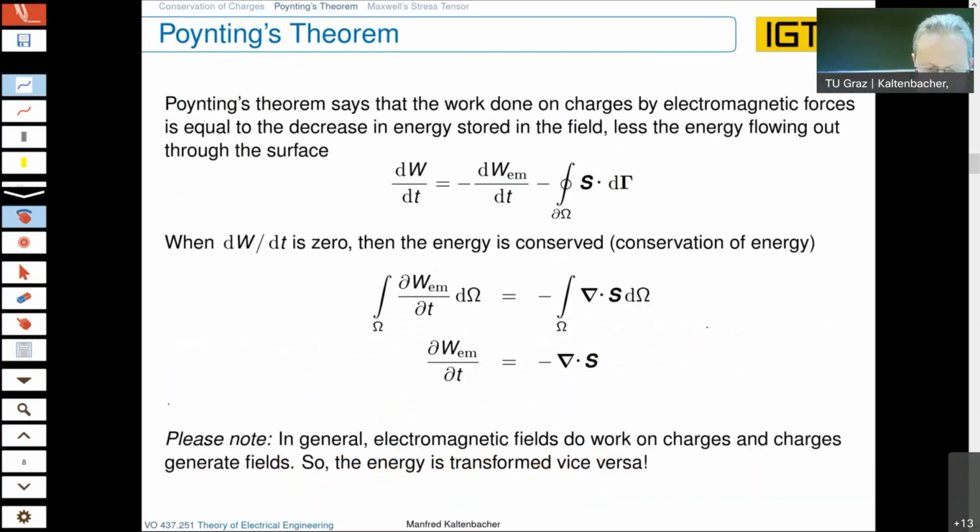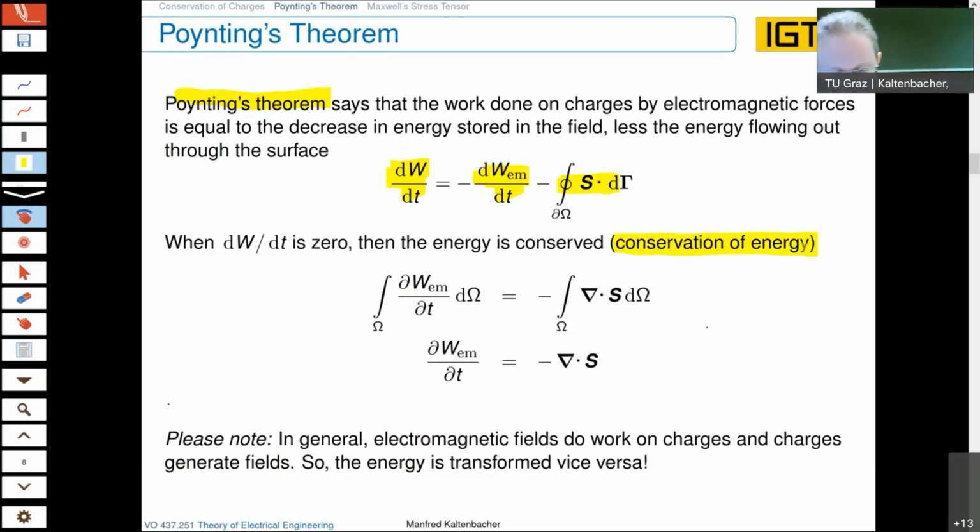So if we look at the Poynting theorem, summarizing the total change of the energy, we have what changes towards the stored electromagnetic energy, the electric and magnetic energy, and what goes out or in over the surface via this intensity, the Poynting vector. Now, when we set the change of the energy to 0, we come to the conservation of energy.